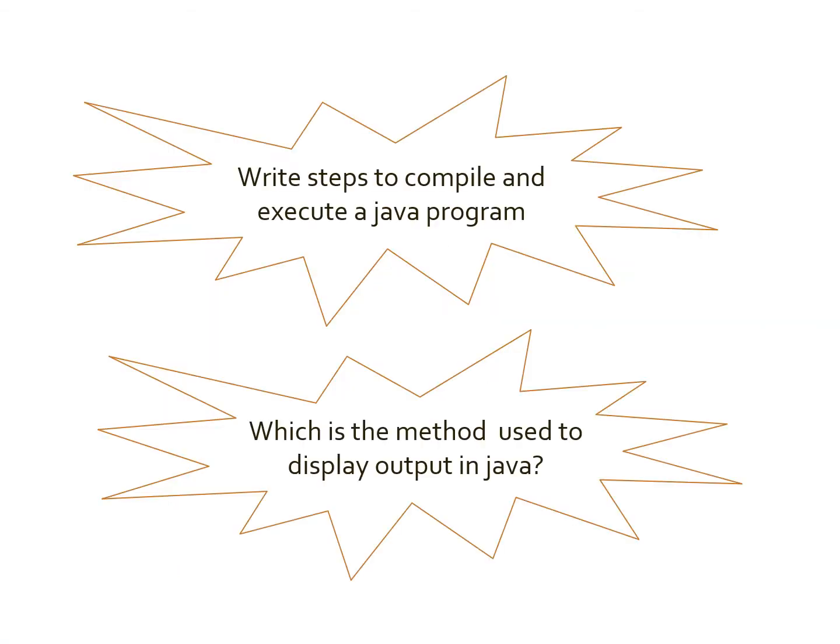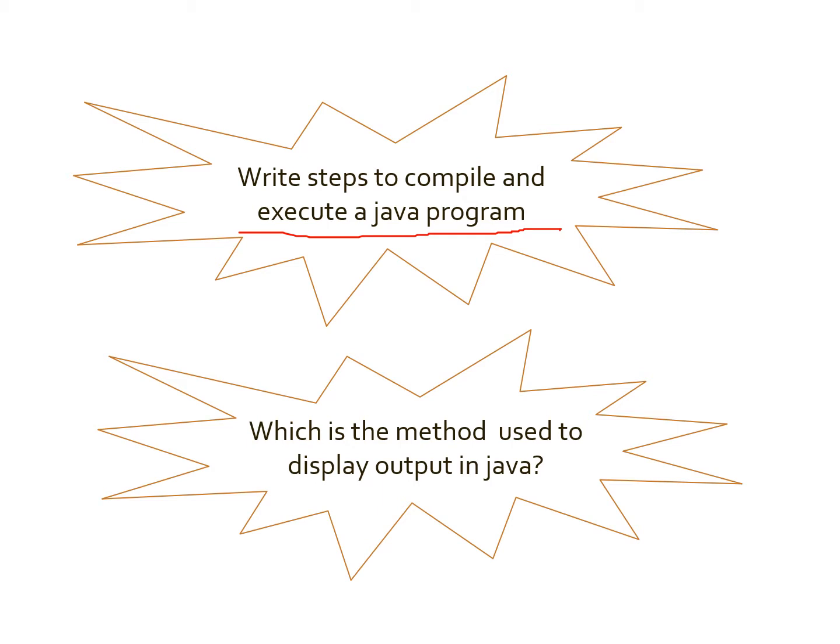We have already discussed what is an applet. Before we discuss fundamentals of applet, you must be able to write the answers of these two questions. The first question is about writing the steps to compile and execute a Java program. And second, which is the method used to display output in Java?